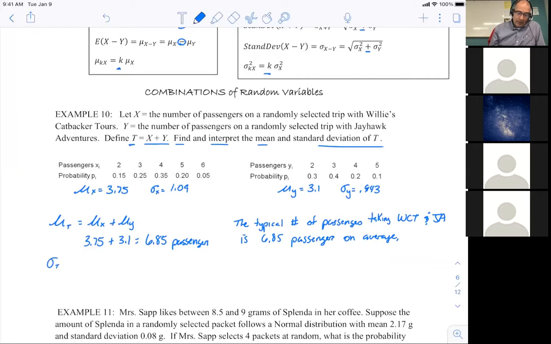The standard deviation of T is going to be the square root of the variance. So this is going to be the variance of X plus the variance of Y. So this is going to be 1.09 squared plus 0.943 squared, and that's going to give me 1.44.